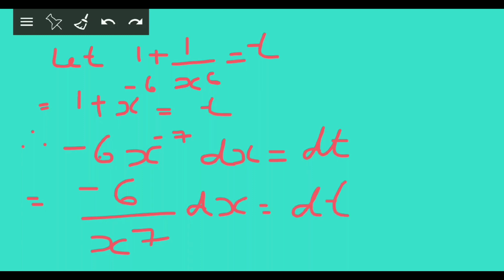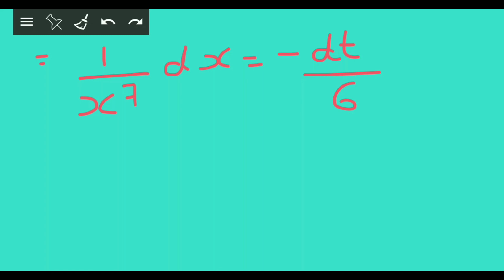Okay. Now suppose we take the minus 6 to the RHS. We get the term this way, that is 1 upon x raised to 7 dx becomes dt upon minus 6, that is minus dt upon 6. So in the question, the numerator, that is 1 upon x raised to 7 dx, has become minus dt upon 6. So our integral becomes very simple now. The integral becomes integral of minus dt upon 6 upon t.